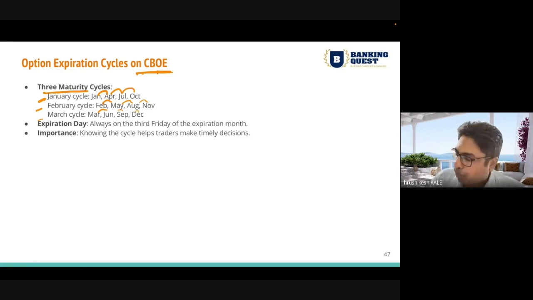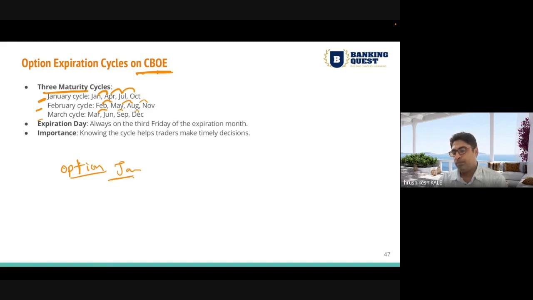Now, if an option starts in January, it will expire on the third Friday of the expiration month.